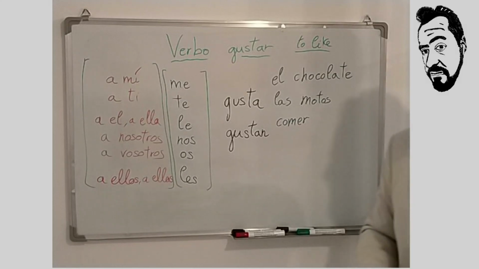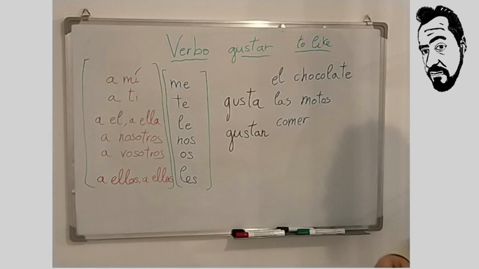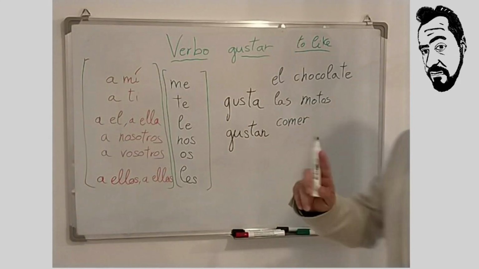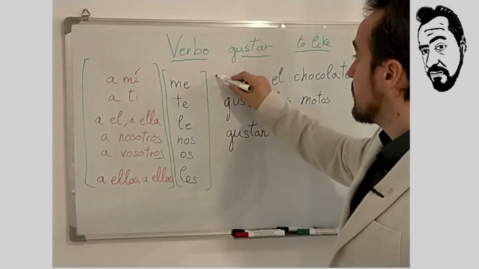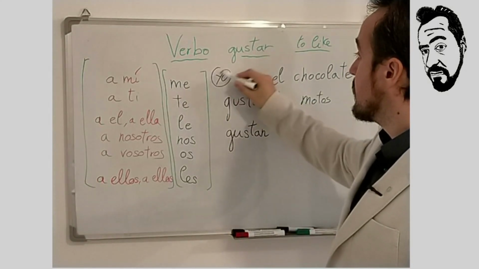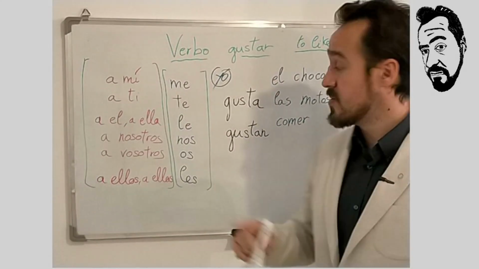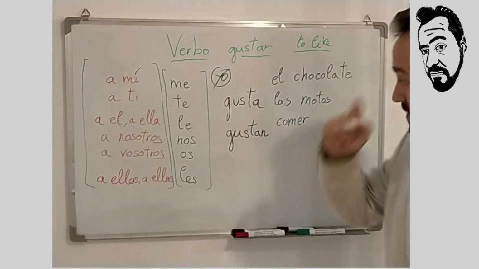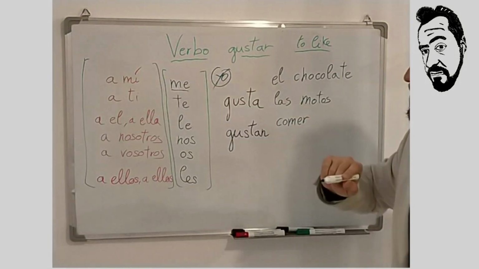So imagine, for example, I want to say, I like chocolate. So I won't say yo, okay? Not yo. Remember, never. Yo, tú. We're not gonna use this kind of pronouns. We're gonna use this one. Okay? So we're gonna use me.